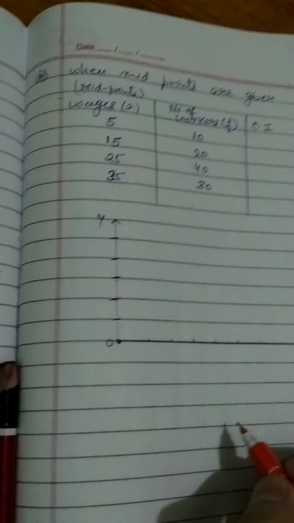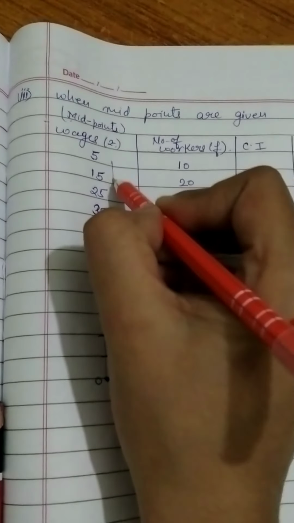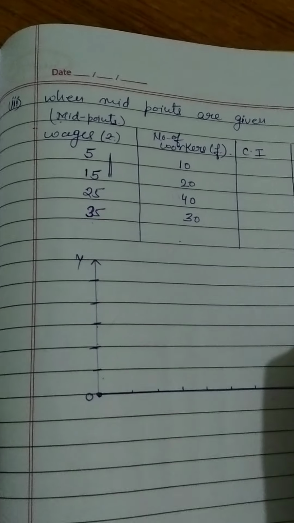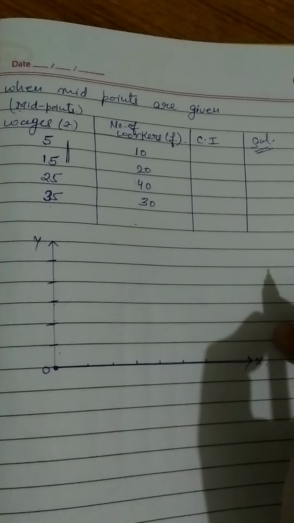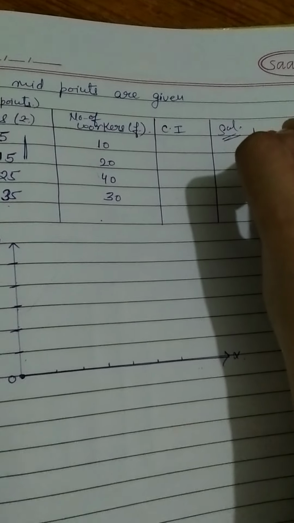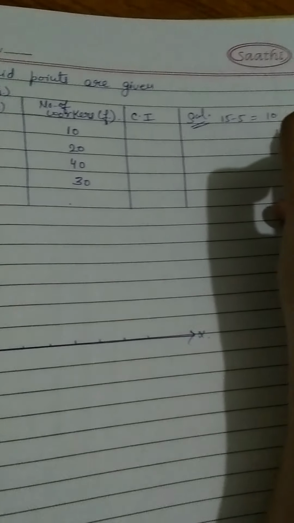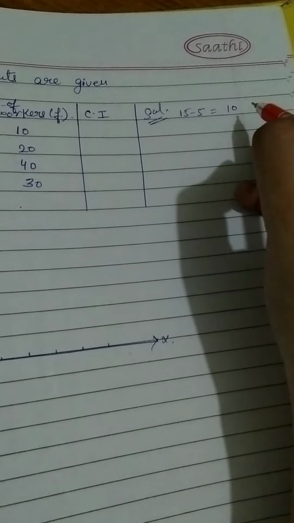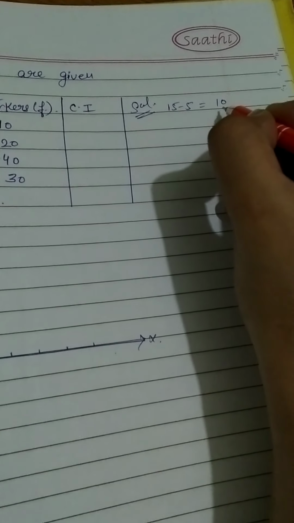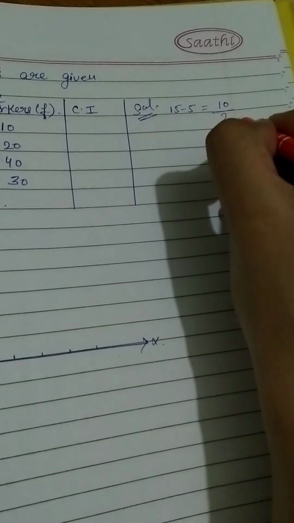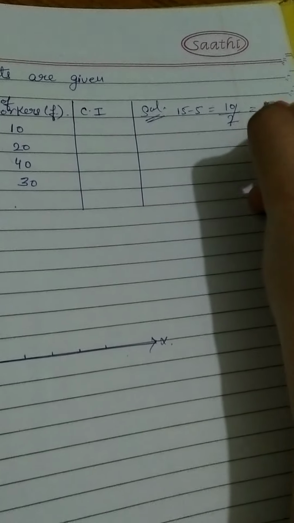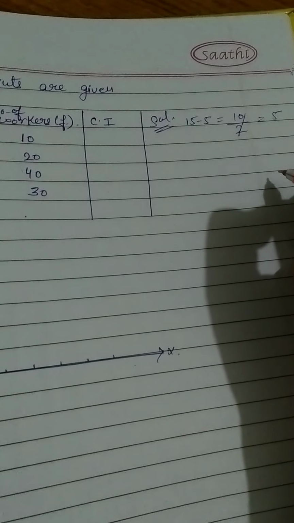What we have to do is find the difference between these two midpoints. The difference between 15 and 5 is 10, and this 10 is divided by 2, it is 5.